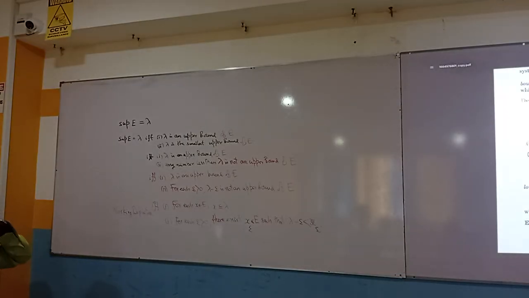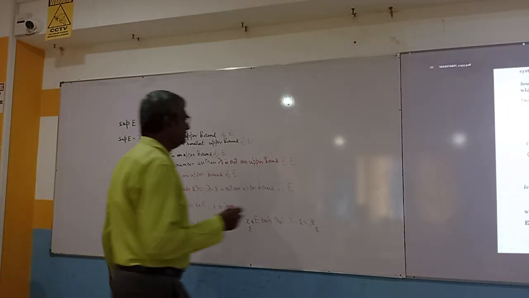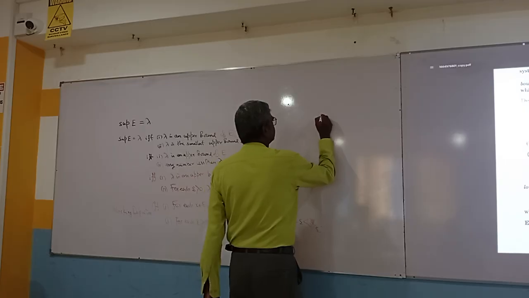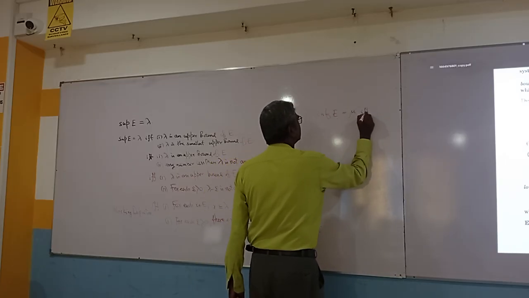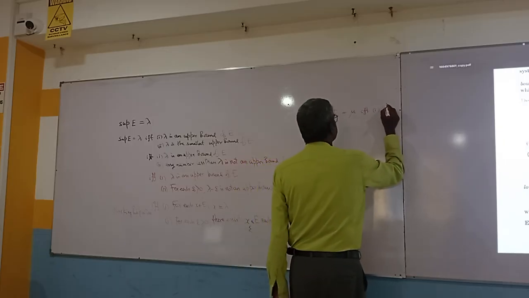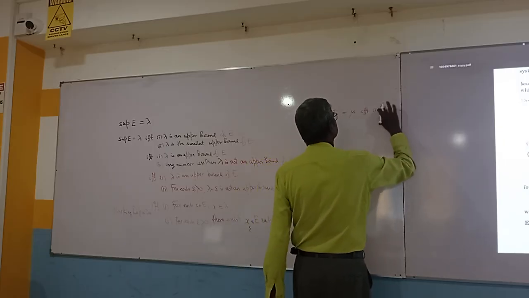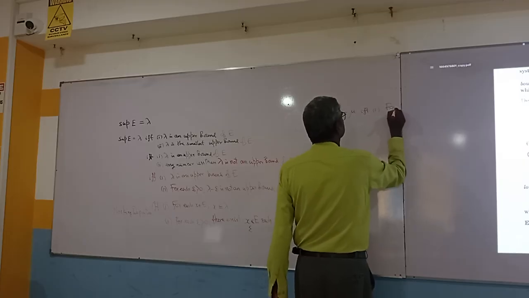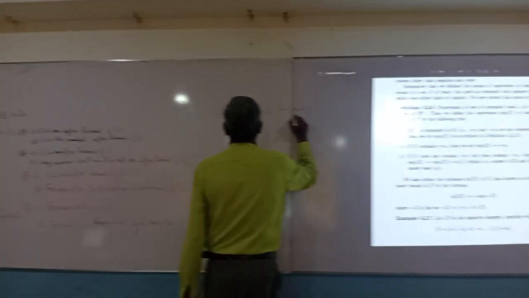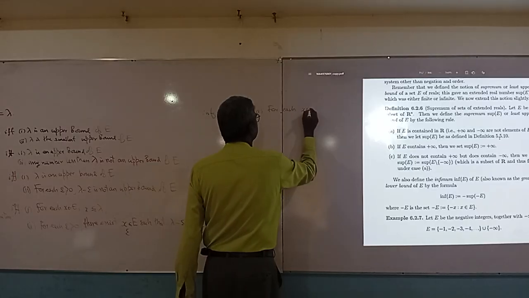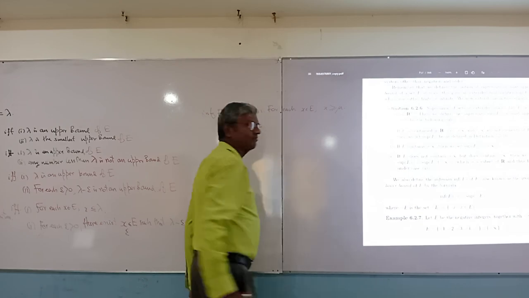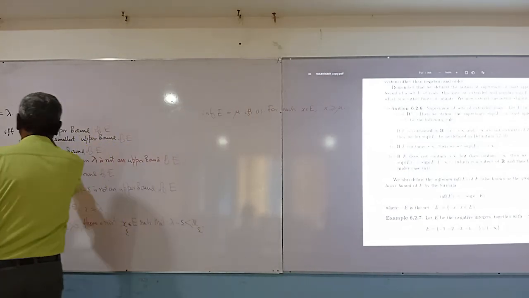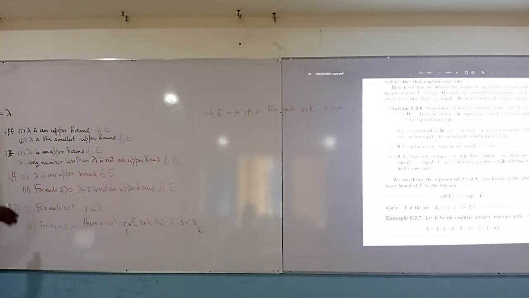For inf E equals mu, inf E equals mu if and only if, for each x belongs to E, x greater than or equal to mu. I write it 4 times in front of the students.